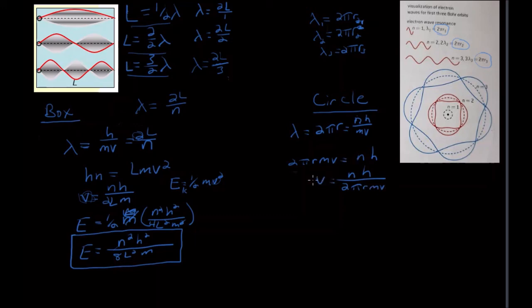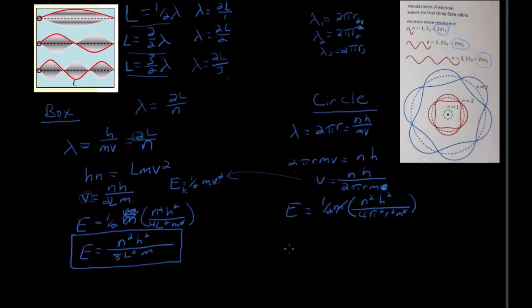So again, I substitute it in there, and I get energy equals 1/2 m times n squared h squared over 4 pi squared r squared m squared, and that's it. Don't know why I had the v in there. All right. Once again, the masses cancel out.